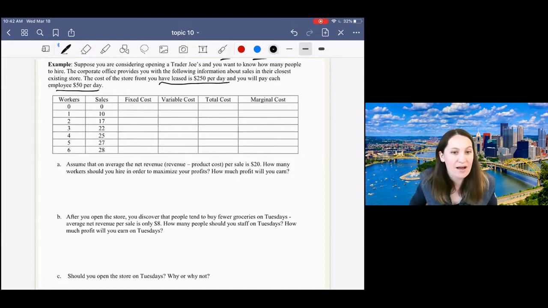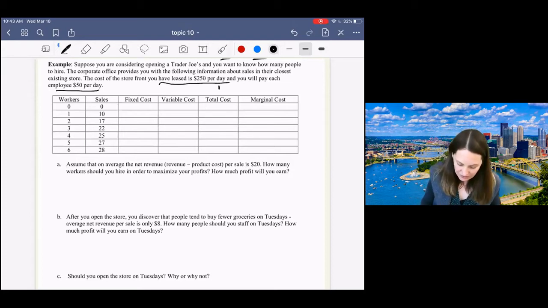All right, so we have this information. The cost of the storefront is $250 per day, and we have to pay each employee $50 per day. So here, this is our fixed cost, and this is our variable cost.